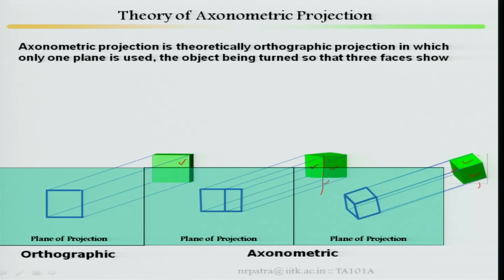The plane of projection I rotate with respect to the vertical axis, that is, with respect to your side view, the profile plane. Then see how the plane of projection comes out. So basically it is an extension of orthographic projection, only the object has been rotated so that three faces can be easily viewed.